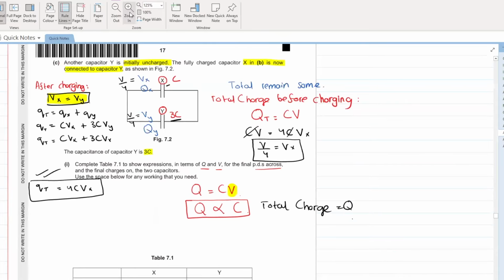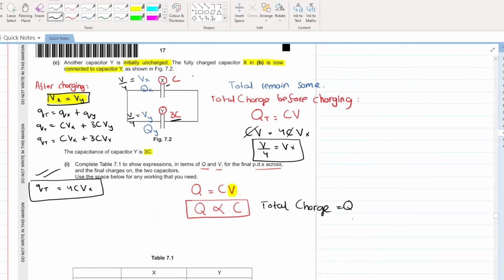First of all, what do you have? You have two capacitors connected in parallel. Perfect. Initially, capacitor X is charged and Y is uncharged.